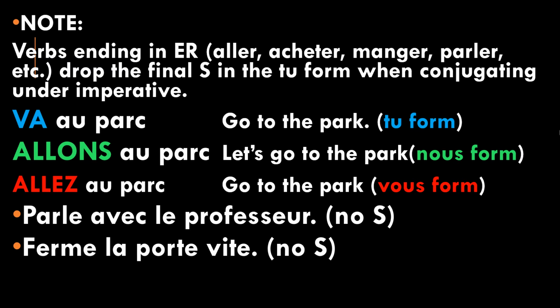Similarly, parle avec le professeur, there is no s. Ferme la porte vite, close the door quickly. Again, there is no s. Under normal circumstances in the present, there would be an s when you're conjugating these in the tu form. But in the imperative, note that you have to drop the s, only for the er verbs.